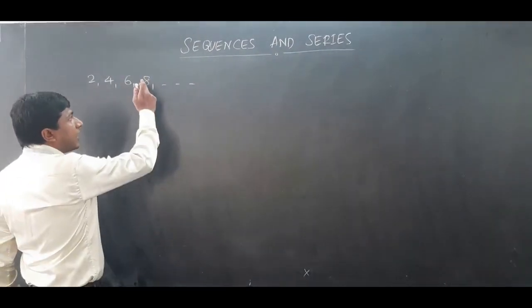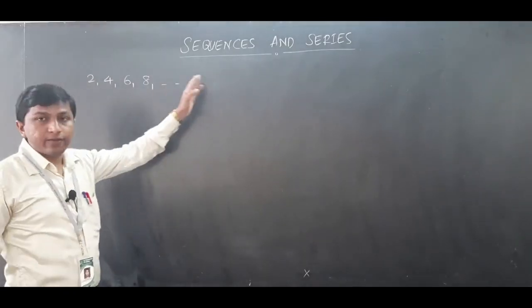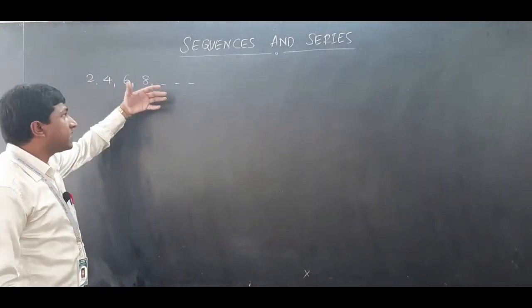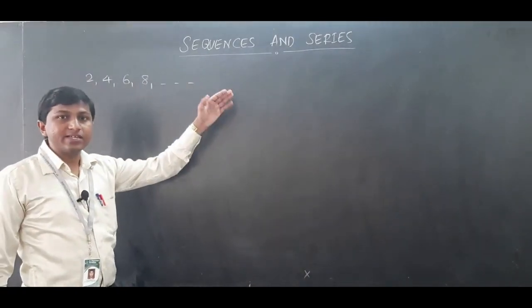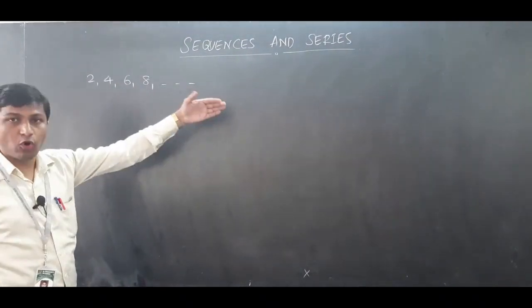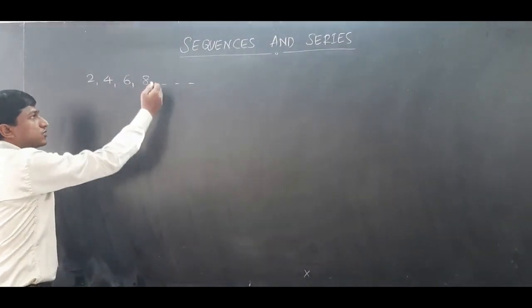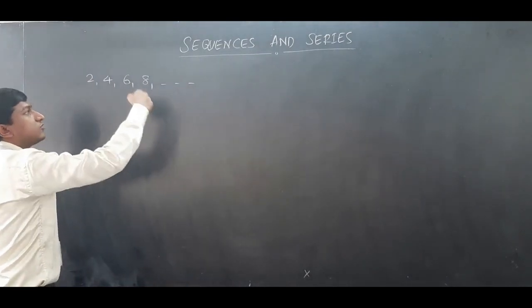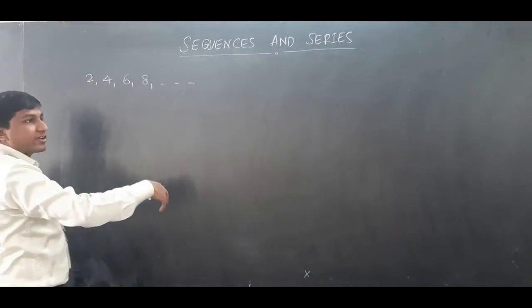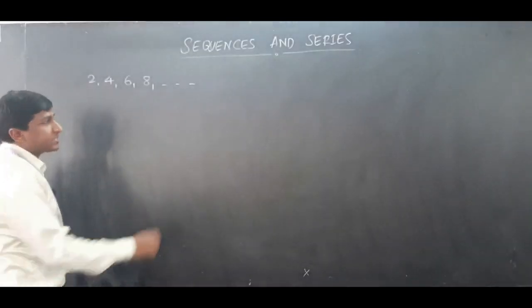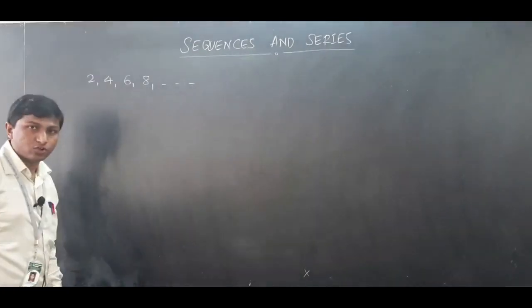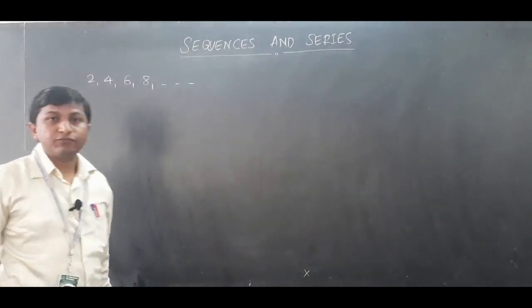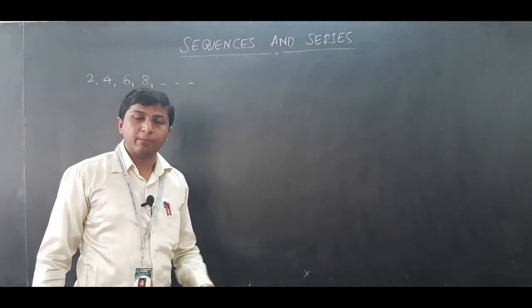Even after term 8, you have many terms. That means it is a continuous sequence, moving forward. We have put 3 dots to denote that it has infinite terms. So, this is an infinite sequence of numbers.